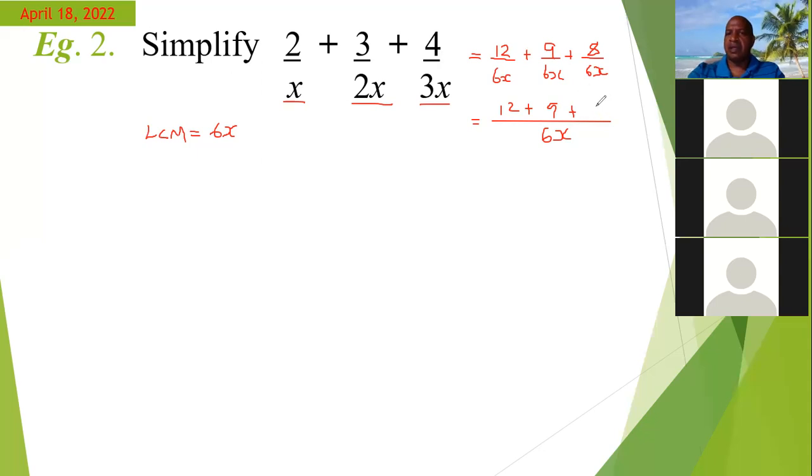And what do we get when we add them, guys? 29, sir. So our answer will now be 29 over 6x. All right, good. So everybody is good with that so far. So let me clear that. Can I clear now, guys? All right, I'll take it that everybody's good with this.